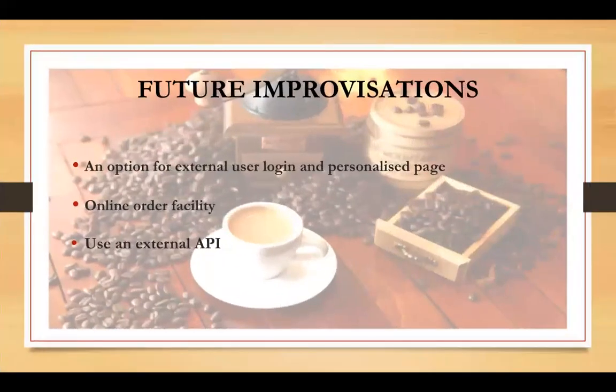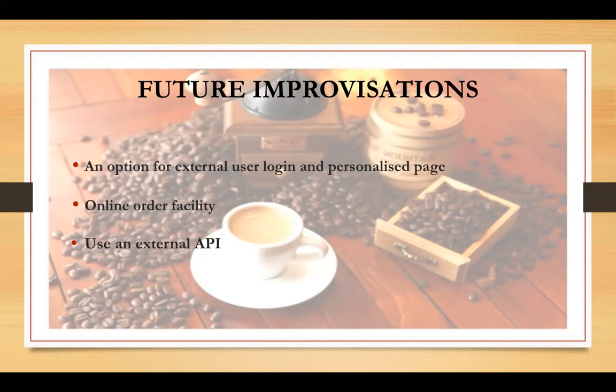And the last part which I wanted to discuss with you is the future improvisations which can be made on this project. As of now, there is no external user login functionality.